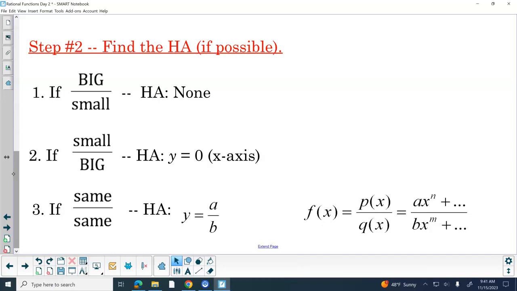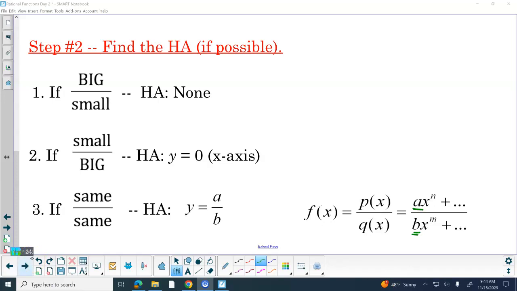If it's small over big, your horizontal asymptote is y equals 0. If it's the same, then your horizontal asymptote is y equals a over b. And again, we get a from the lead coefficient, and we get b from the lead coefficient. Give you a moment to get that down.